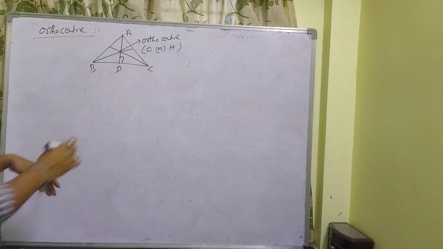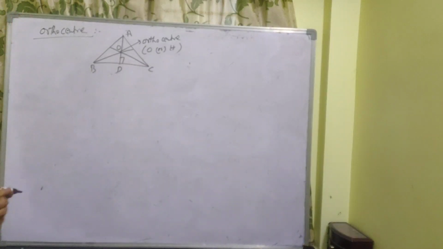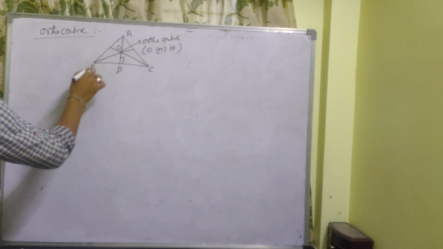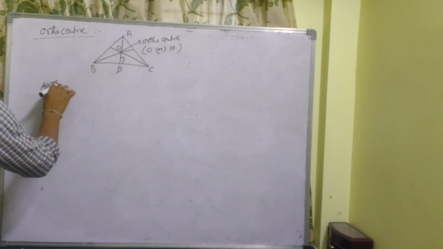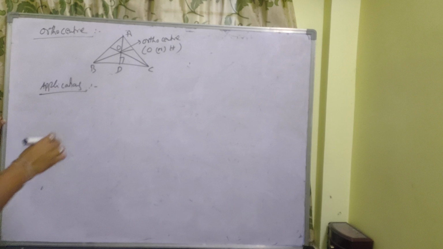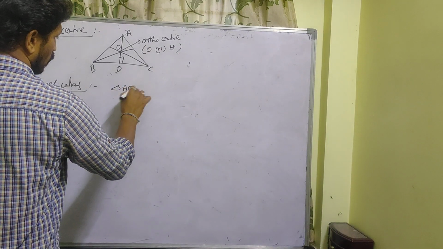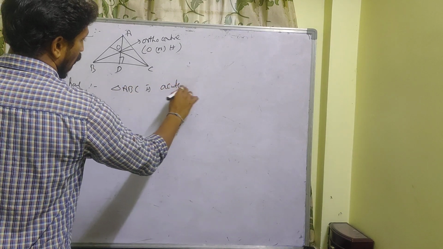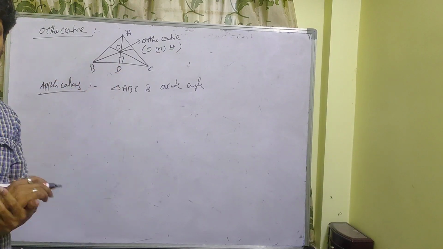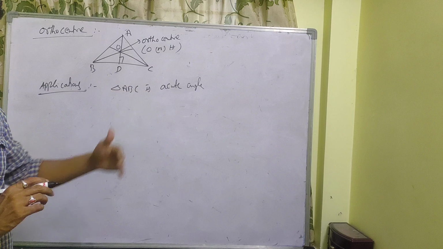See here, let us take this is O. Some applications you see here. This is very, very important. If triangle ABC is an acute angle triangle, the centroid always lies inside the triangle, but the orthocenter will be different.